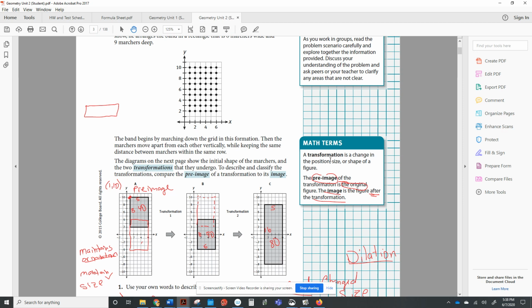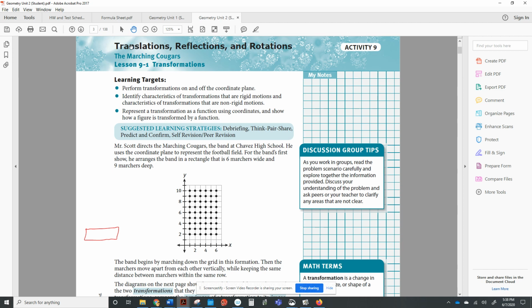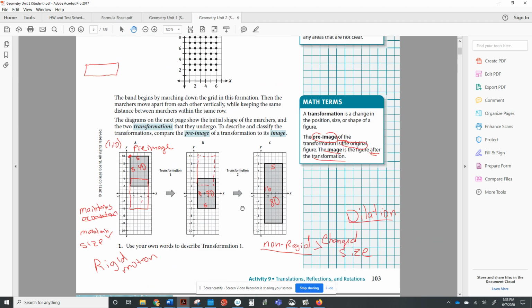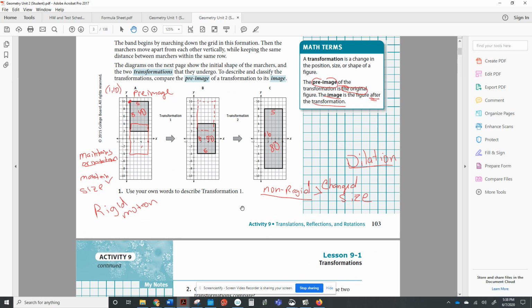There are four: translations, reflections, rotations, and dilations, and then you can do a combination of all of those. Since there are so many of them, a large proportion of your test is over transformations. Some of you are like, oh good, these are easy. If that's who you are, you're in luck because transformations are on the test quite a bit. Otherwise, you need to really study and pay attention to these because they are heavily weighted on the final.